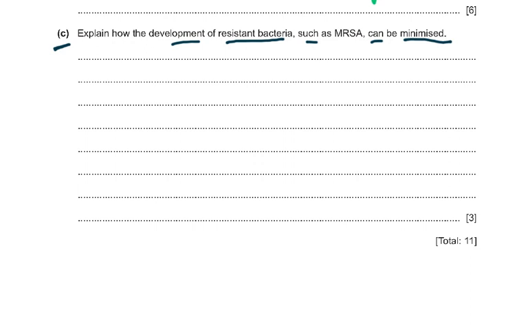Develop new antibiotics. Do not use the same antibiotic for too long, or you can say rotate antibiotics. Or you can say use a combination of antibiotics. And the last one would be isolate the patients with antibiotic resistant infections so that they do not spread it to other people.